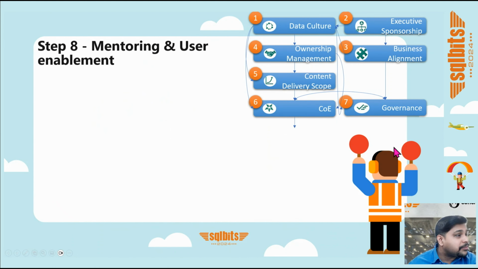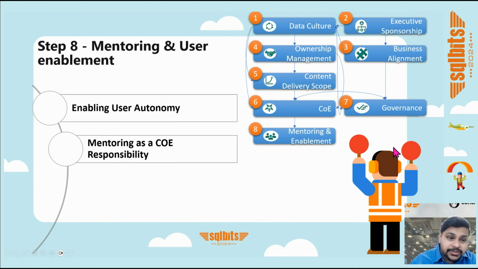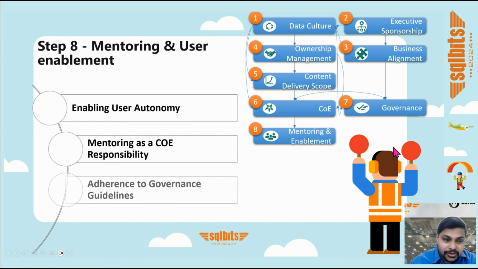Let's talk about mentoring and user enablement. In terms of mentoring, you can enable user autonomy, which means how they are self-sufficient to do their own things. Then you have mentoring as a COE responsibility. This is where the COE team comes into the picture and talks about what they can do.